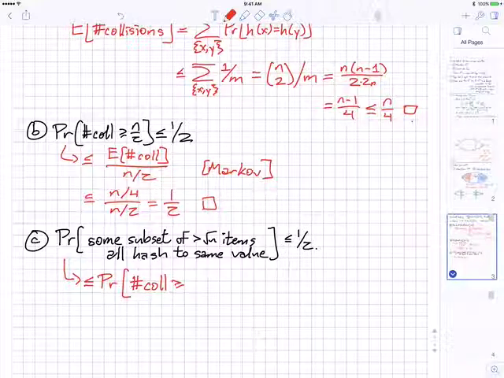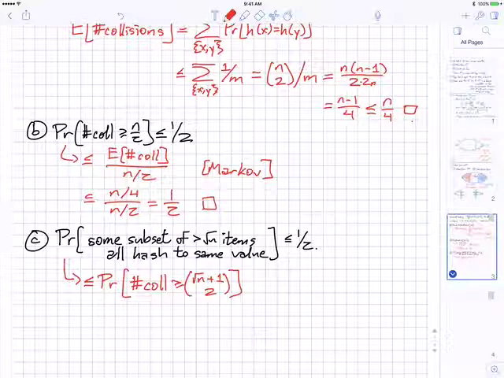So this is at most the probability that the number of collisions is at least k choose 2, where k is bigger than square root of n. The smallest value of k that makes sense here is square root of n plus 1. Bigger than square root of n means at least square root of n plus 1. So let me go down off to the side here.